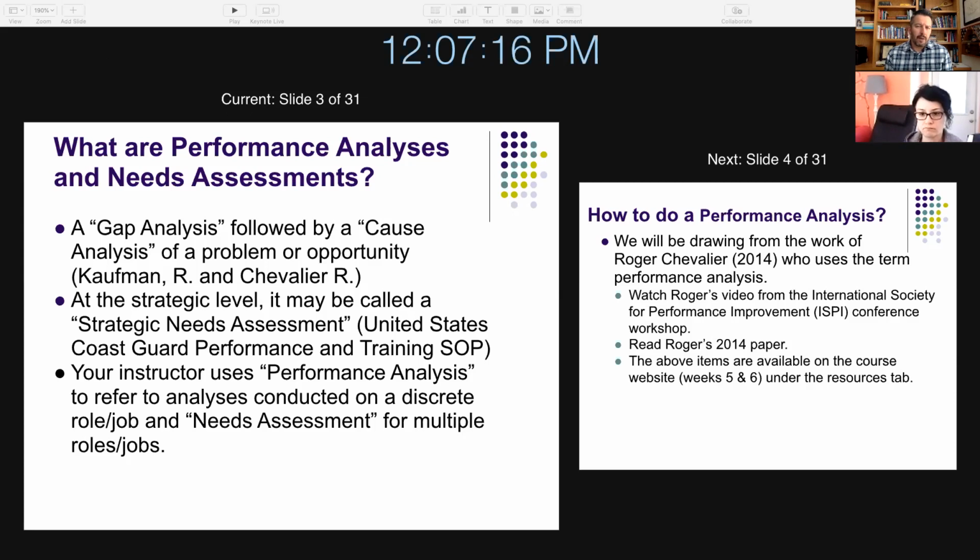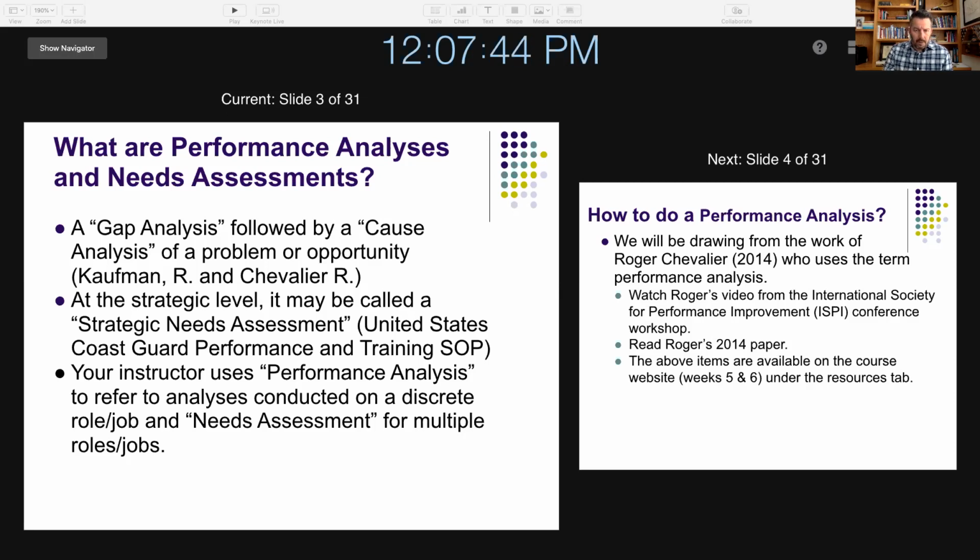So in that case, I would refer to it as a performance analysis. However, if you're looking at collecting all the gaps that Safeway has in terms of performance to reach a certain goal, say a revenue goal or something like that, then I would refer to it as a needs assessment, because there are probably multiple jobs involved with that particular assessment.